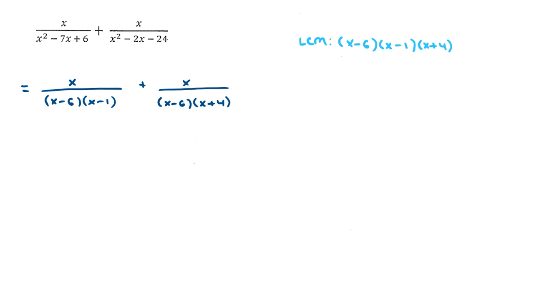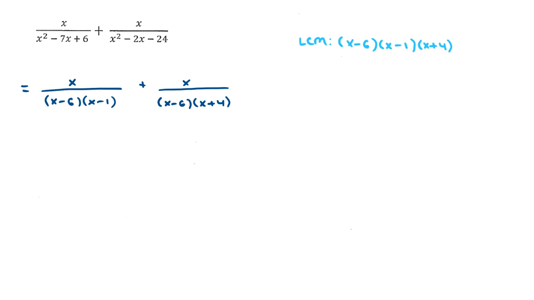Now with that said, we now need to get down to business and add these two rational expressions together. So we are going to need to adjust each of these so that each rational expression has the LCM involved in its denominator. So if you look at the first fraction, we have the two factors x minus 6 and x minus 1.